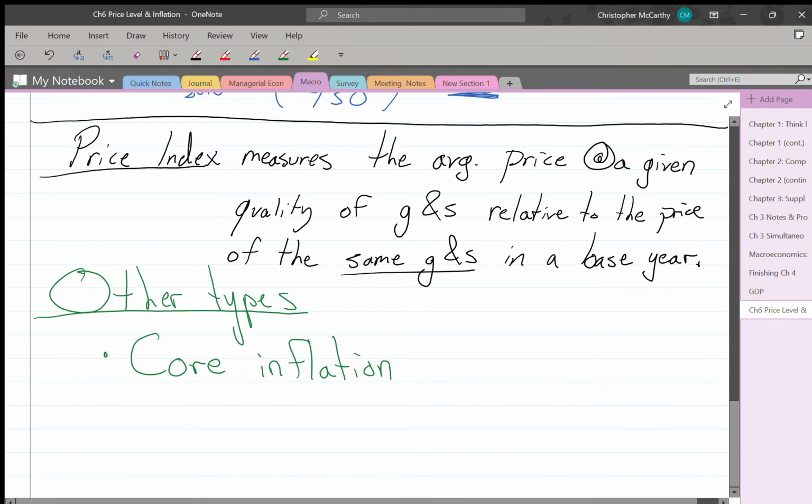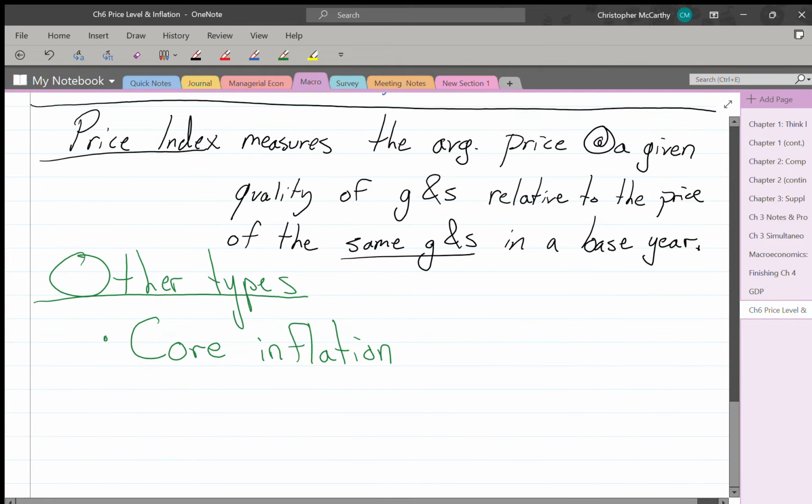Think about the core of an apple. So we're taking away some of the apple, right? It is the CPI stripped away, so it doesn't have any energy or food prices.